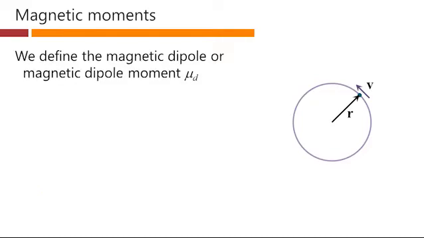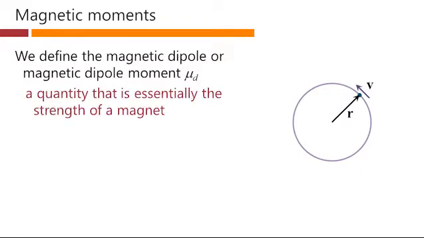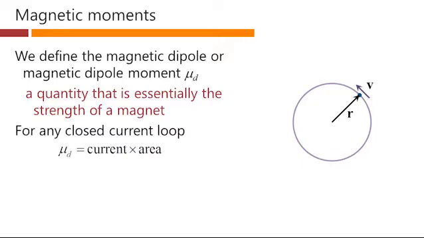Now, we define the magnetic dipole moment, which we can call mu d, in ordinary classical electromagnetism, a quantity that is essentially the strength of a magnet. For any closed loop, the magnetic dipole moment would be the current times the area.